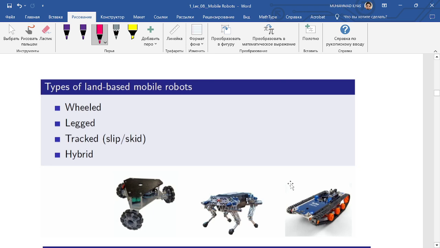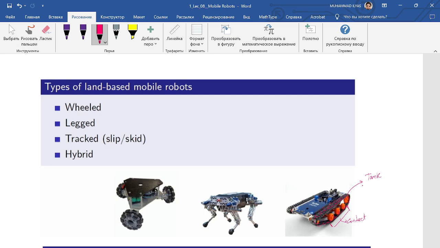Land-based mobile robots usually, as we talked about, can use wheels, legs, tracked or hybrid. Tracked means this kind of tank-like locomotion. We have this kind of chain, and then the wheels. The chain covers all the wheels. With this kind of locomotion, we can have more contact with the ground. The contact surface increases, and we have more stability and less slippage on the ground.